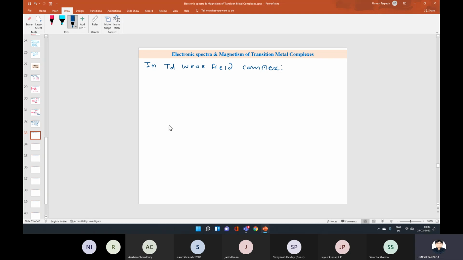This is the opposite, 2S plus 1 D, that is splitted to here it's an E term and it's a T2 term. So you can have this by minus 6 Dq, this is by 4 Dq, and total difference becomes 10 Dq.